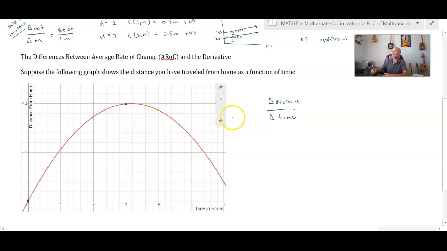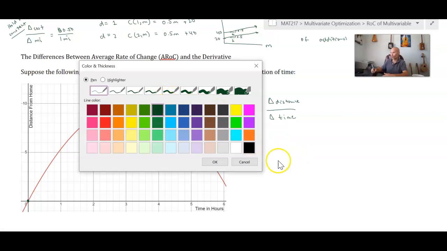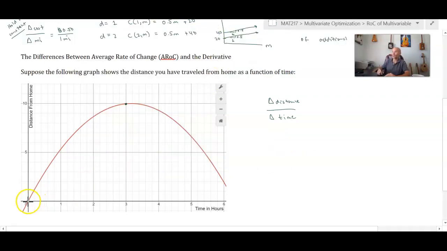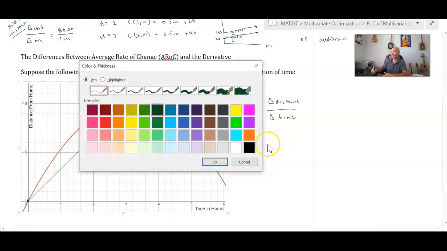Now, if I want to look at the average rate of change over the first 3 hours, what I could do is think about a linearization of this. So if I were traveling at a constant rate of change, this line would represent my change in distance. And we can see that that's actually kind of off because here we're traveling really fast, here we're traveling a lot slower, and here somewhere in the middle we're traveling at about the slope of this line.